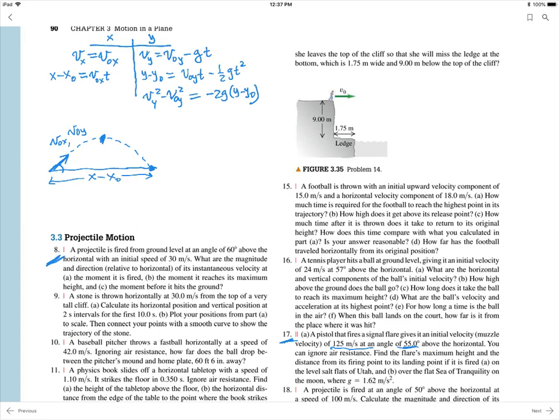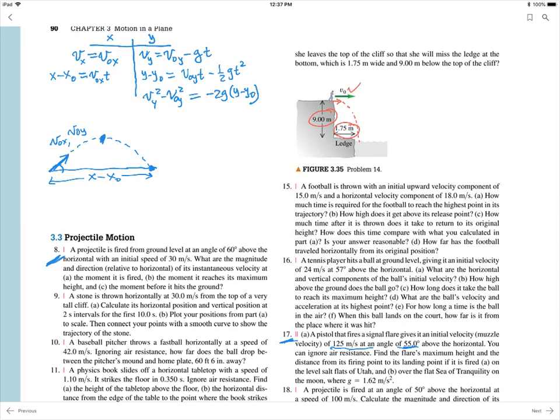When things start horizontally, like this problem 14, if you draw the trajectory, this is horizontal, and then it has to go just beyond the ledge. So it could have been a little bit longer, but yeah, so that's x minus x0. So you're given x minus x0 and y minus y0, and you need to calculate velocity.